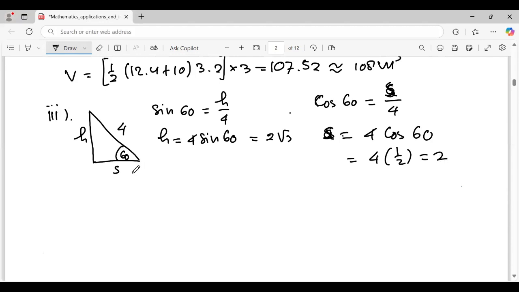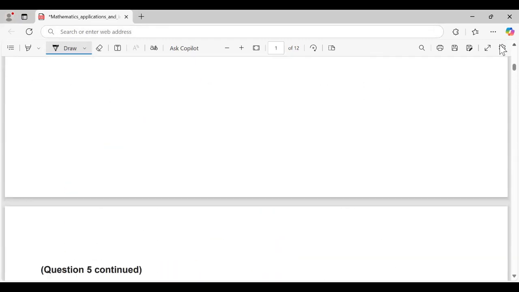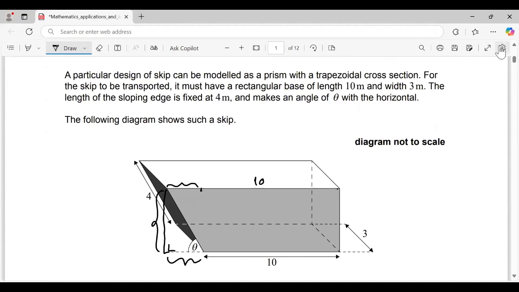So this is 2, and the top edge is 12 meters, while h is 2 square root 3.